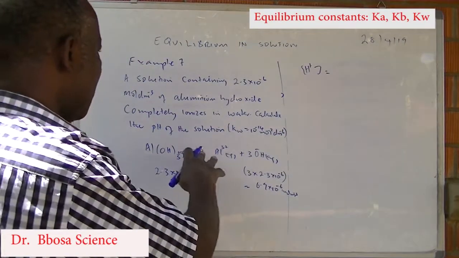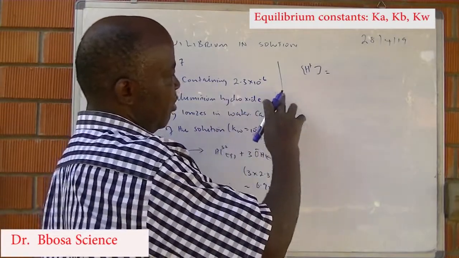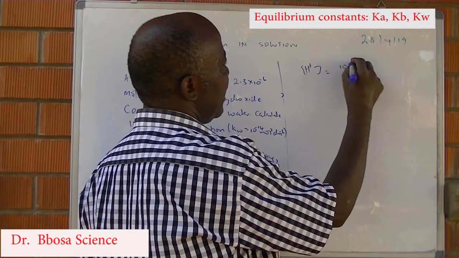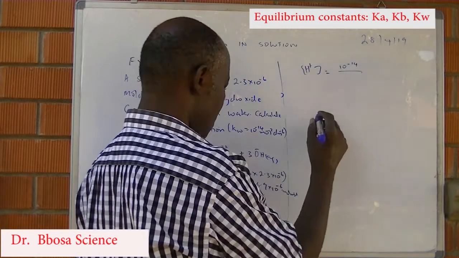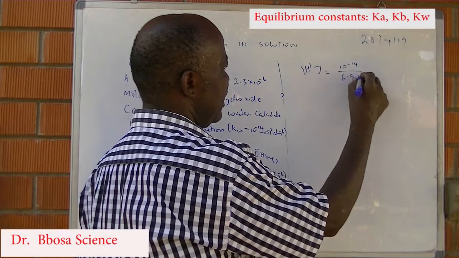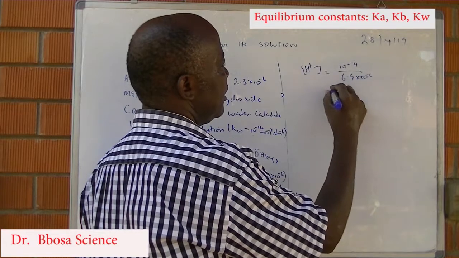But they have told us to calculate pH. Before we get the pH, we must get the concentration of hydrogen ions, which is equal to Kw, 10 to the power negative 14, over the concentration of hydroxyl ions, which is 6.9 times 10 to the power negative 6.